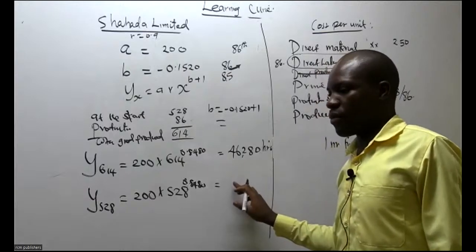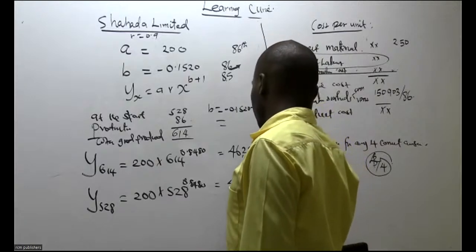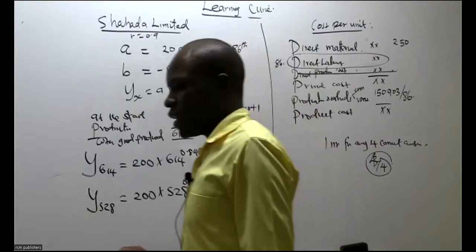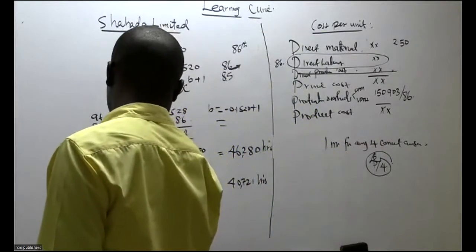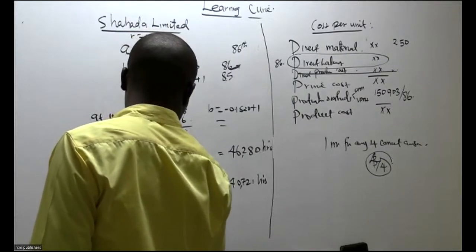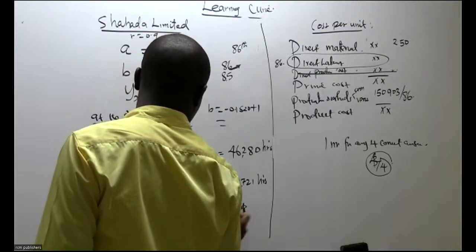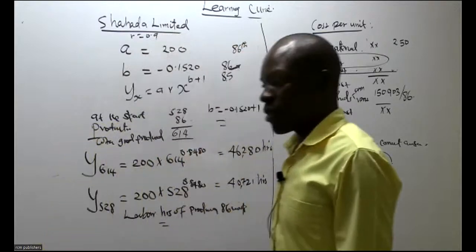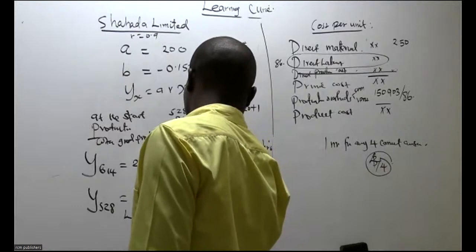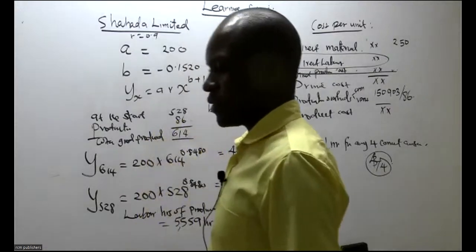What do you get? We have 721 hours. Then the hours taken to produce 86 units, the labor hours of producing 86 units during the period, how many? 559 hours.